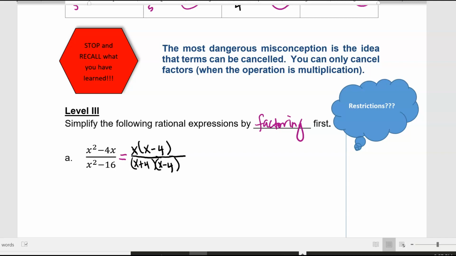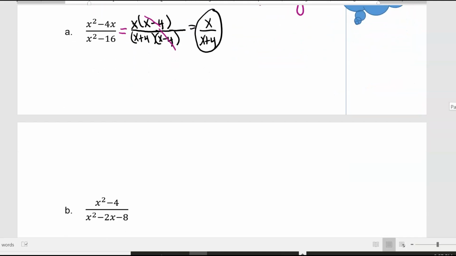So now we can cancel out the common factors of x minus 4, which leaves us with x over x plus 4. And we're going to move on to the next problem.